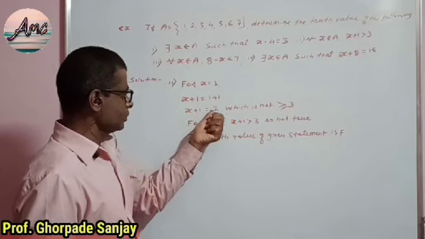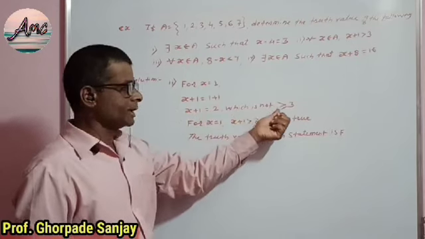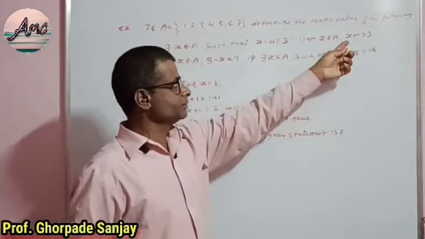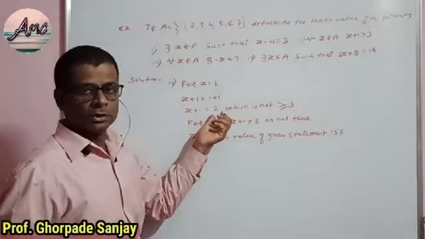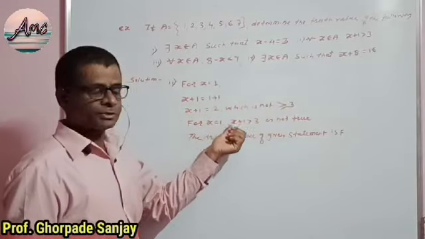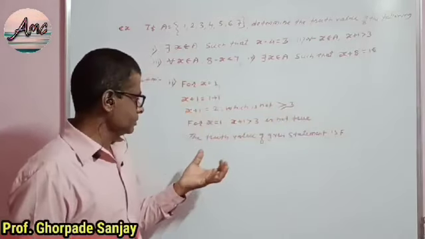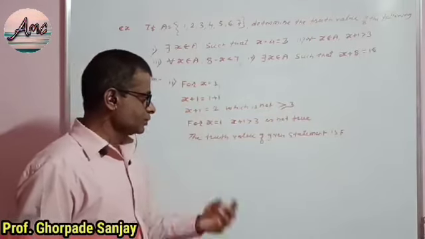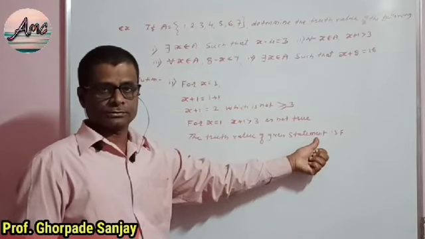So x plus 1 equals 2 we got, which is definitely not greater than 3. The condition is that the value should be greater than 3, but here we got 2. So for x equal to 1, x plus 1 greater than 3 is not true. Therefore, the truth value of the given statement is false.